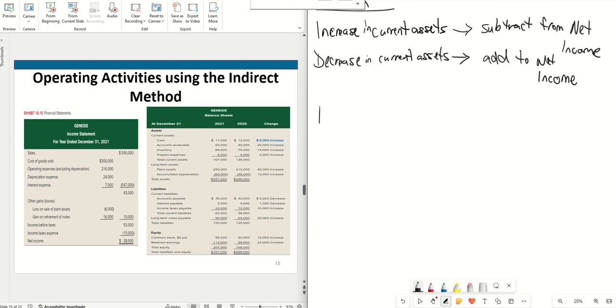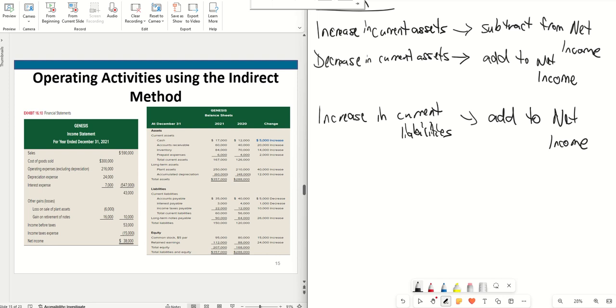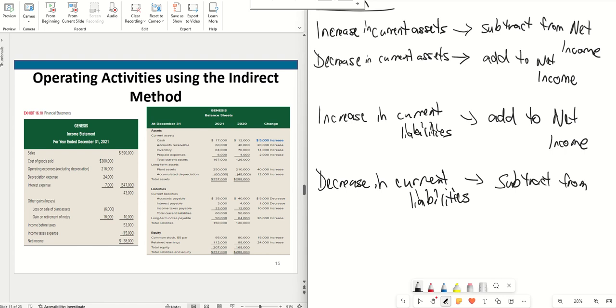So I'm going to put over here, increase in current liability: add to net income. Decrease in current liability: subtract from net income.